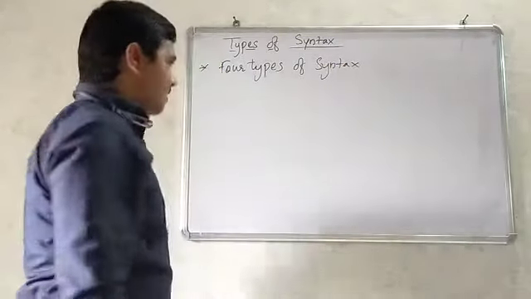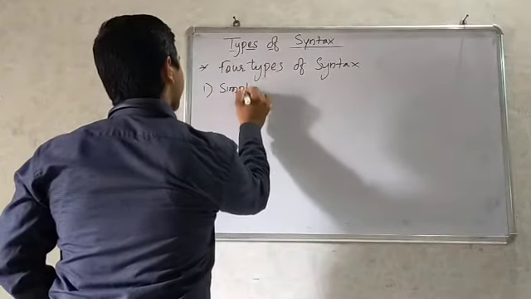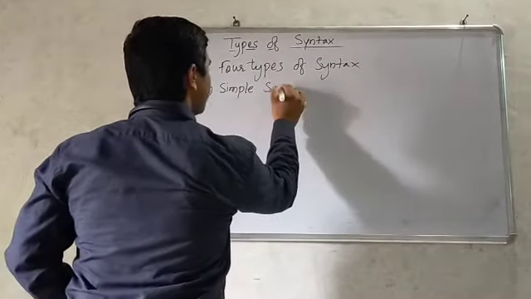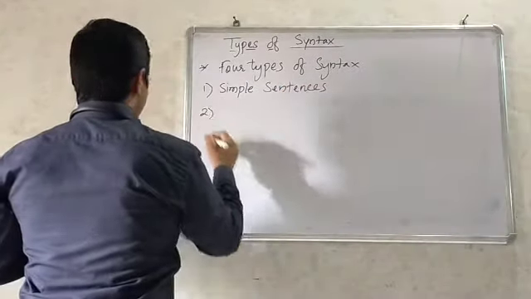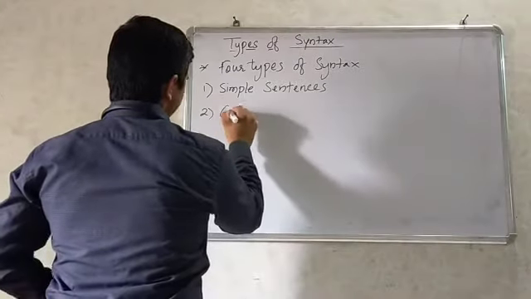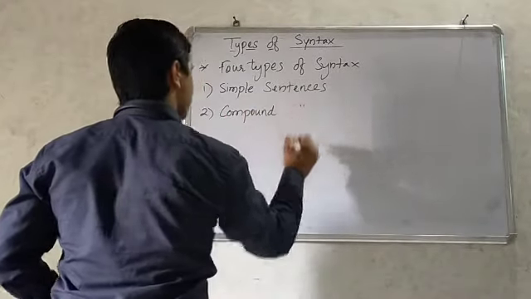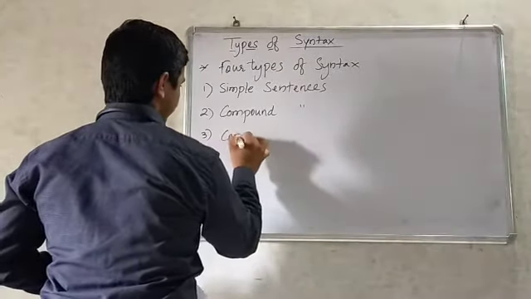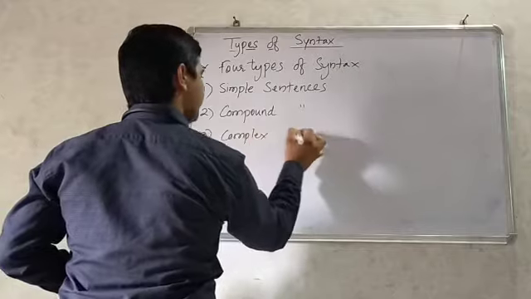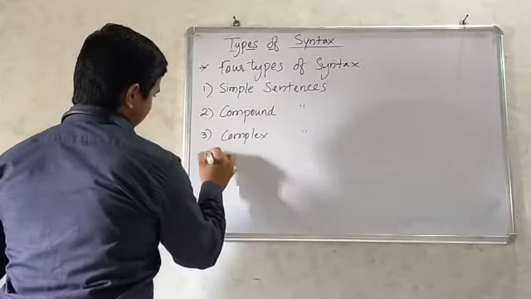The first one is simple sentences, the second is compound sentences, the third is complex sentences, the fourth is compound complex sentences.